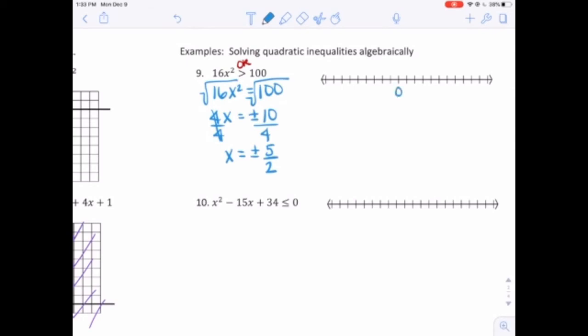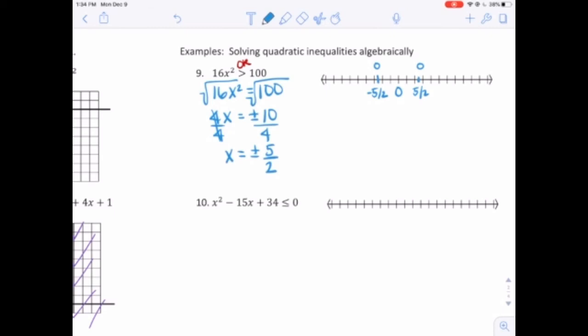So if I define 0 as here, I can put 5 over 2 there. It's 2.5. So 5 over 2, and then negative 5 over 2. So now I want to plot these points. I'm going to use open circles, not closed circles, because I don't have the "or equal to" part.